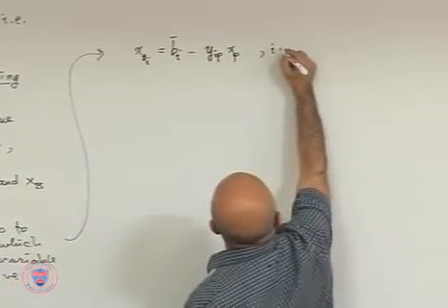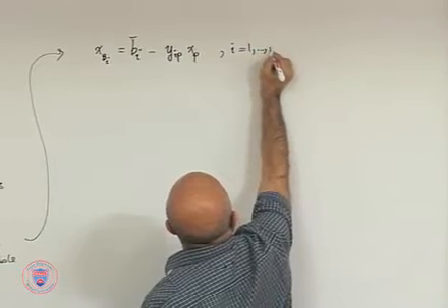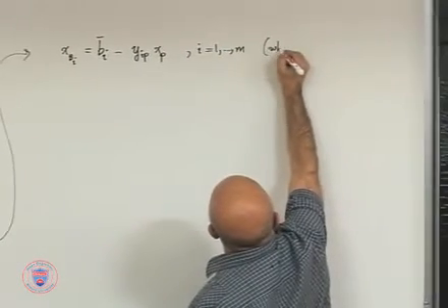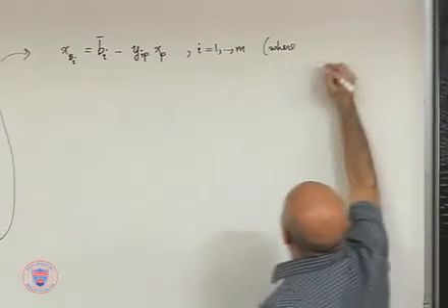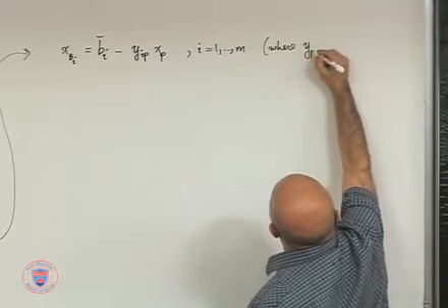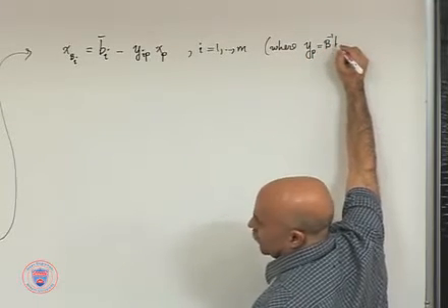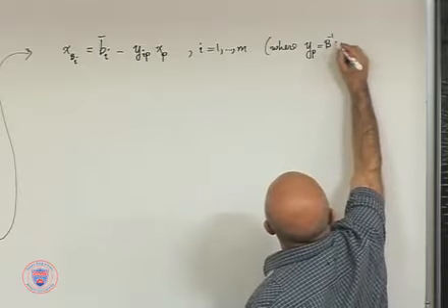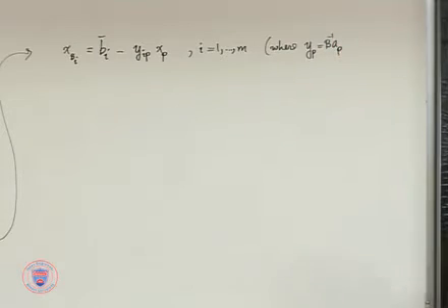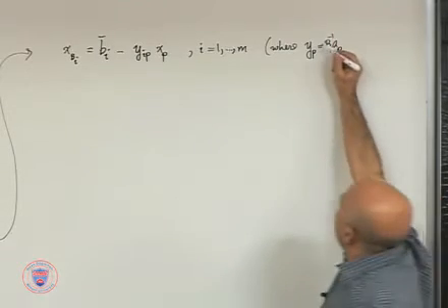This is written out for i equals 1 up to m, where the y_ip are defined by this vector. y_p is the vector B inverse a_p. We just define it this way.